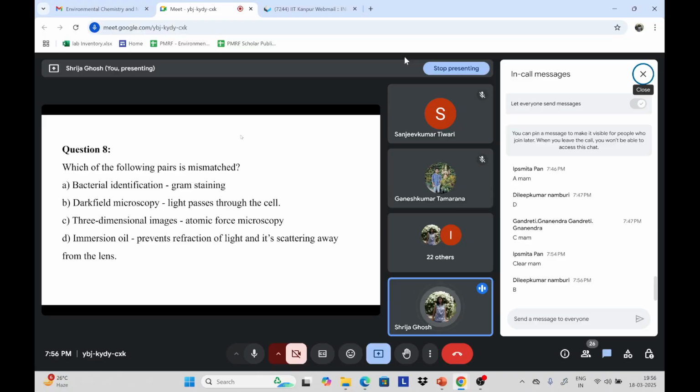What is the correct answer? I have one answer in the chat box, option B. What about others?